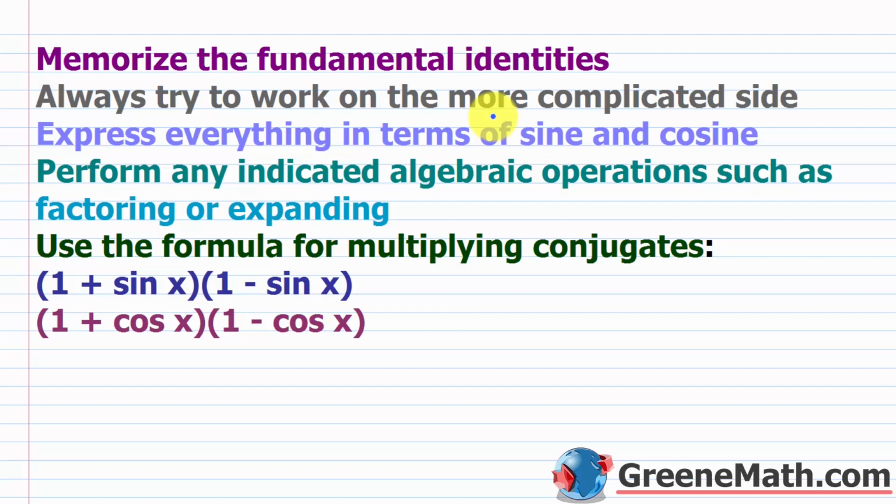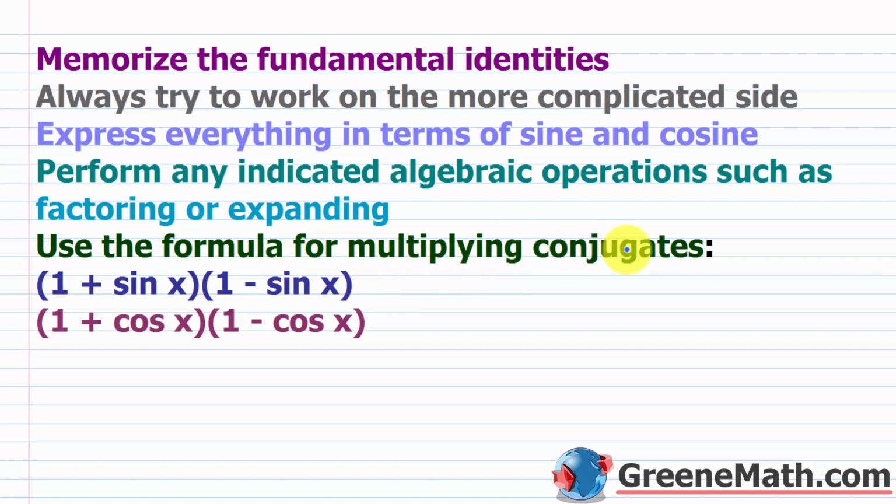Another tip is sometimes you'll want to express everything in terms of sine and cosine. That doesn't always work, but it's just a general tip. You want to perform any indicated algebraic operations such as factoring or expanding. Here you want to think about all those special product formulas and special factoring formulas. Those are going to come up a lot. And then we have: use the formula for multiplying conjugates.